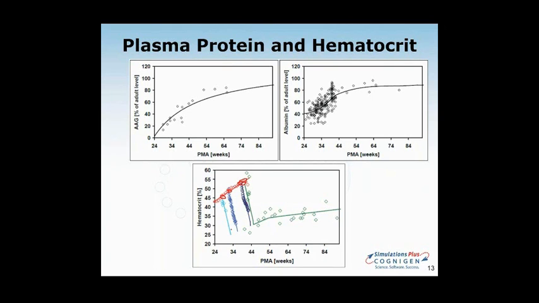Again, the hematocrit was dropping significantly until it reaches minimum about 3 or 4 weeks after birth, and then starts steadily increasing until it reaches the adult values. So again, this is something that we needed to account for to have especially accurate or more accurate description of the binding to red blood cells within the first month after birth.